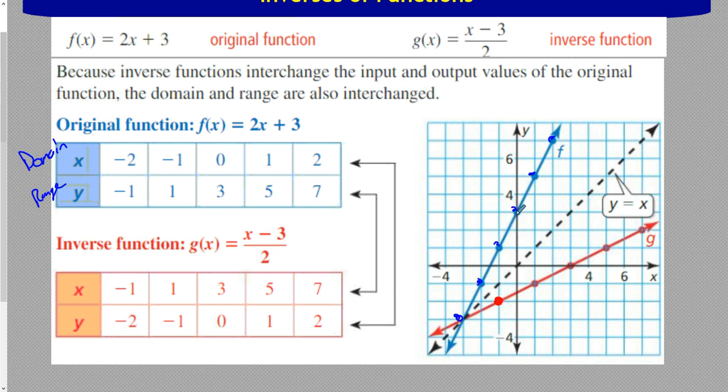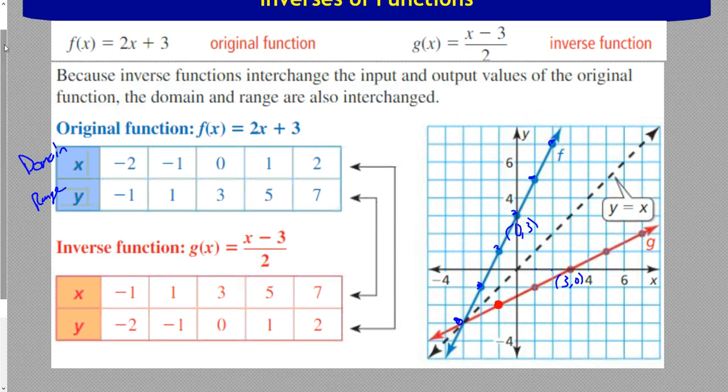So let's look at this one. This is what, (0, 3)? So that means that (3, 0) would have to be a point on the other function, which it is. Okay, so inverses and functions have ordered pairs that have swapped or switched x and y coordinates.